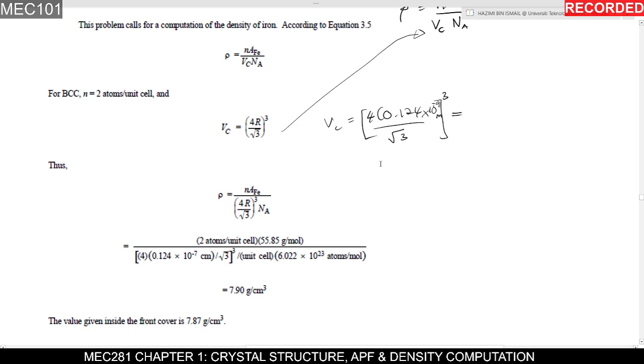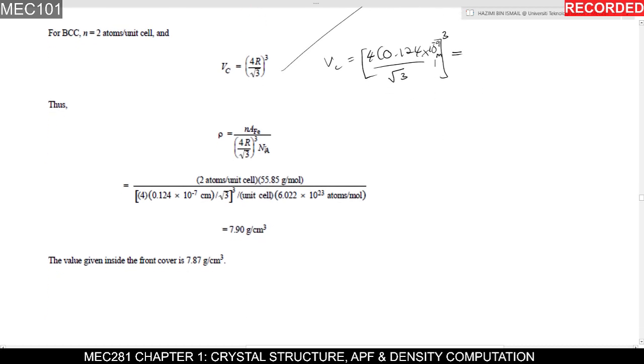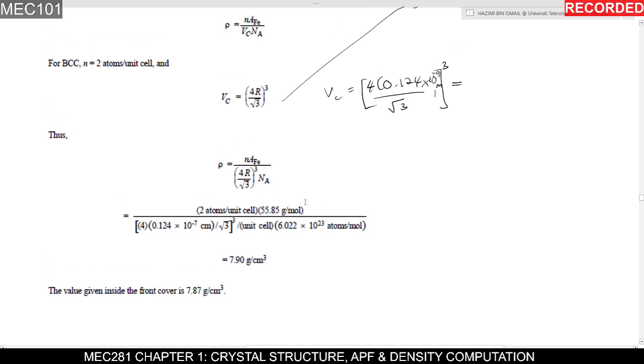And then for the Avogadro number here, just substitute the constant value, which is 6.022 times 10 to the power of 23 atoms. And then finally you will get the value of 7.9 gram per centimeter cube.